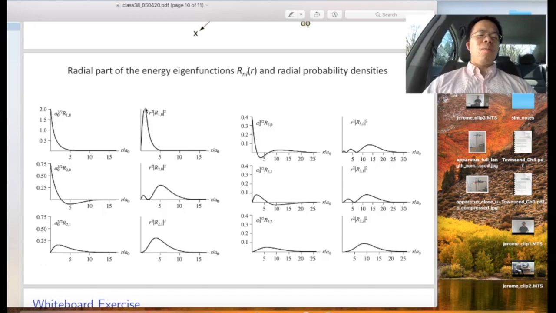What you'll show on the homework is that this radial probability density for my n equals 1, l equals 0 state actually has a peak at r equals a Bohr, right at the Bohr radius. You can see how these look for the higher n and l states.